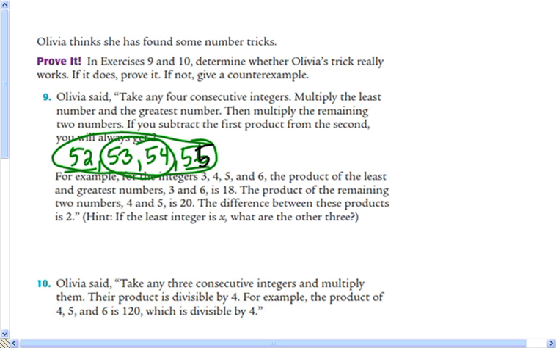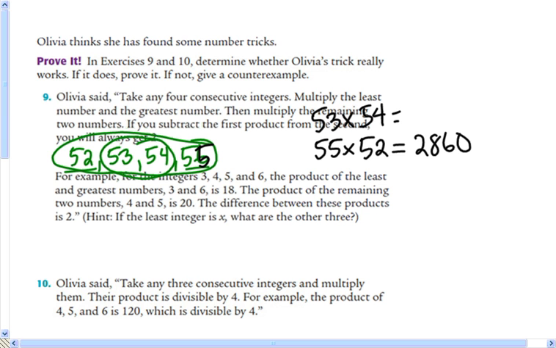So Olivia is saying that if we take the least and the greatest, so 55 times 52, which equals 2,860. And then if we multiply the 2 remaining numbers, 53 times 54, which is equal to 2,862, that if I subtract the first product from the second, I'll always get 2. And in this case, I did.